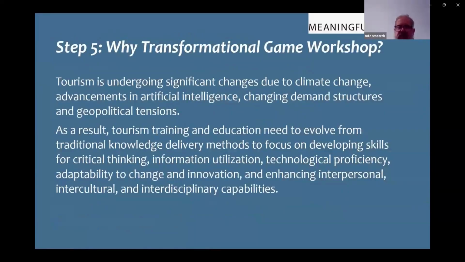And why are we doing this as a game workshop? Well, as we said, the world is changing and tourism is changing, and also tourism training and education needs to change because a lot of the facts of simple knowledge, they have a machine now and you have Ask GPT or Perplexity or Grok and all these apps which are there. If you're old-fashioned, you're still using ChatGPT.